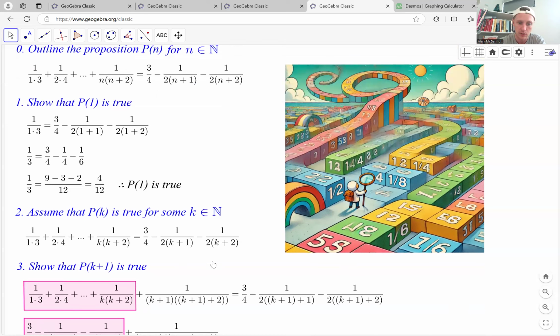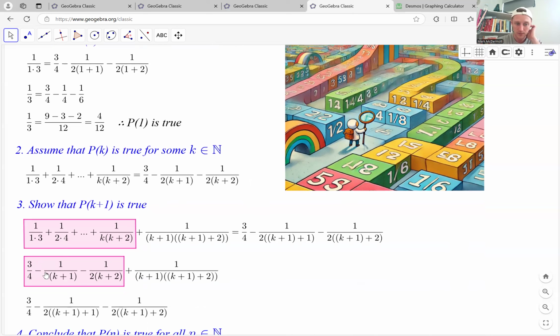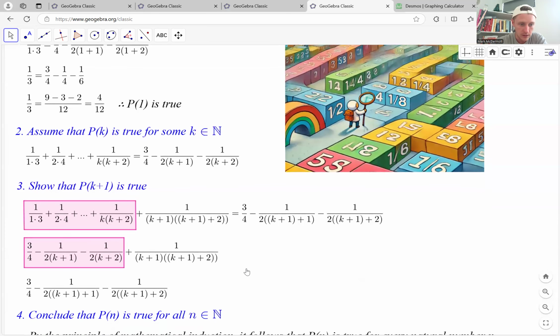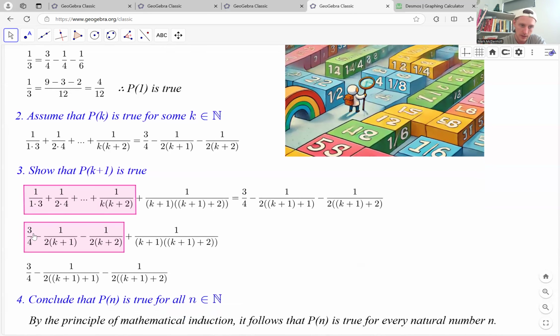Because we're assuming that that's true, we can use this right-hand side from up here and substitute it into here. But then we need to add on this term here. What we get is this line here.